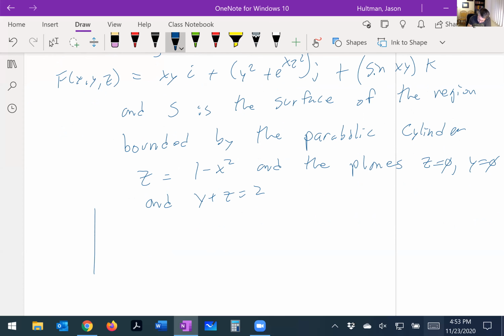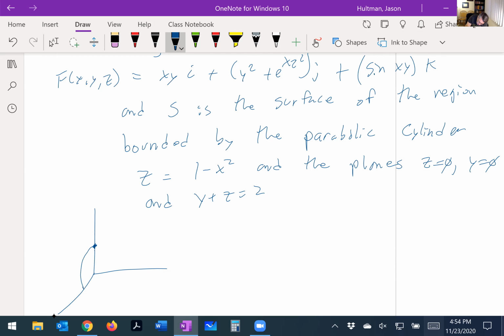So what does the surface look like? The region is bounded by the parabolic cylinder z equals 1 minus x squared. This is just negative x squared plus 1. When x is 0, z is 1, and when x is 1, z is 0.